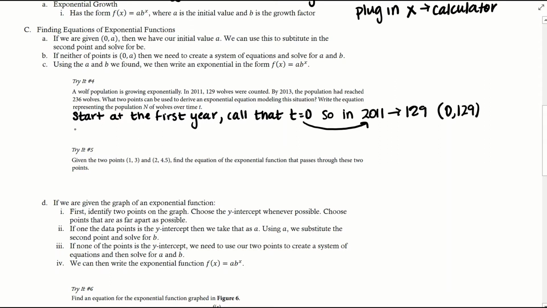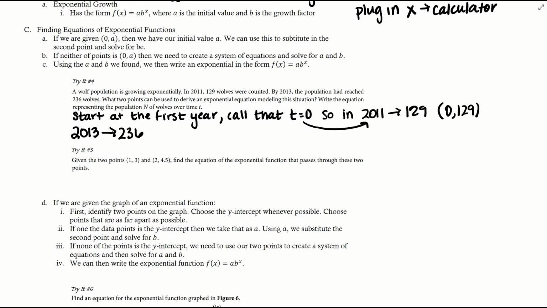Now when it tells us by 2013, we will have 236 wolves. If t is 0 at 2011, what is t when it is 2013? Well, from 2011 to 2012, that's 1 year.